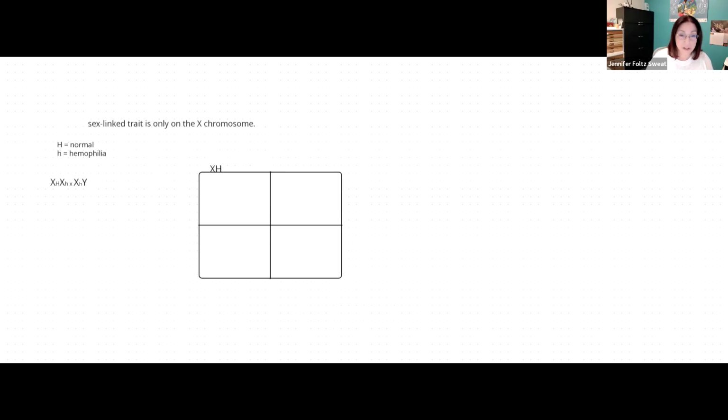Those are mom's alleles after meiosis. Then for dad, we'll do X little h, Y. Now, I always put the X's first and then the Y. And I always put the dominant allele first, just like I do with regular Mendelian genetics. Okay, so now I just join these in the different boxes.